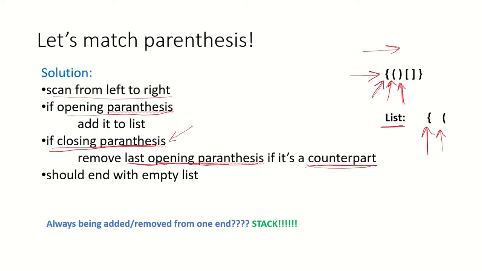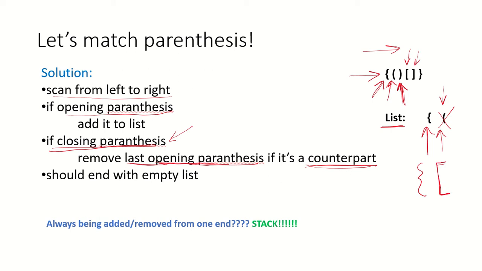So here, this is a closing round bracket, and when we check the list, we find its counterpart, an opening round bracket. So now we remove this and our list is only left with this curly brace. We scan the next character in the expression and we get an opening square bracket. So we add it to the list.